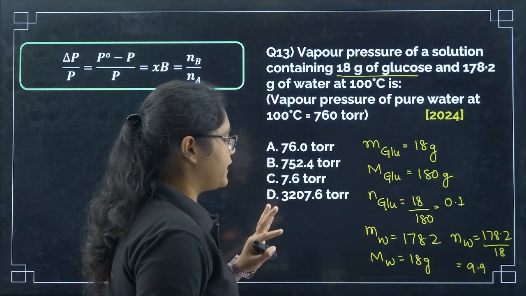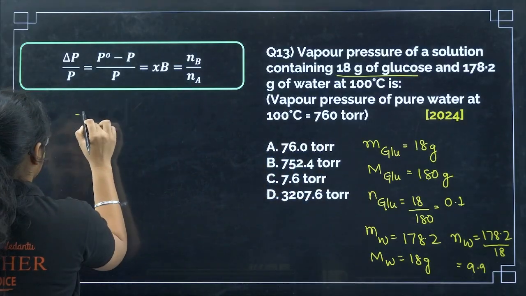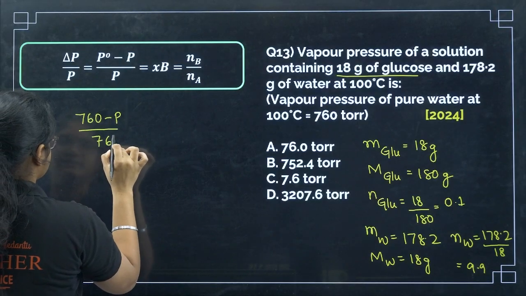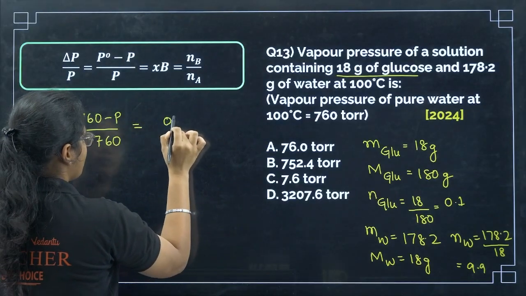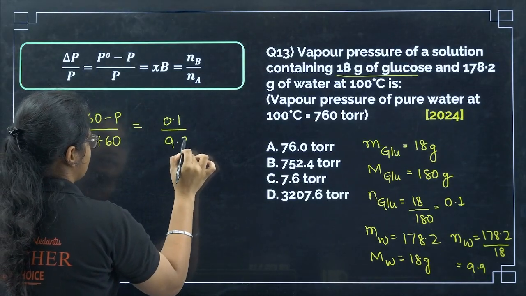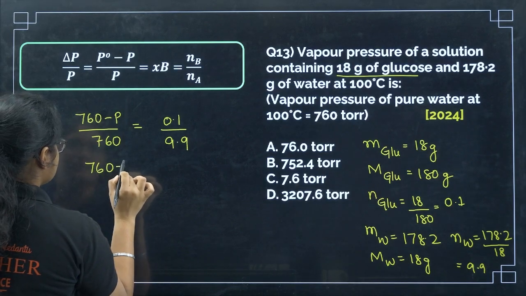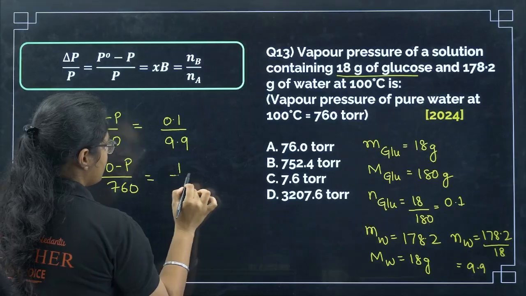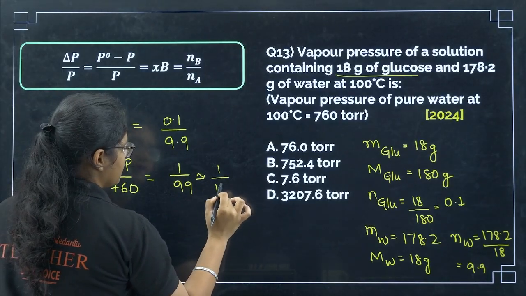Now, this is the formula. I have 760 minus P by 760 is equal to number of moles of glucose, which is 0.1, divided by 9.9. Now I can solve: 760 minus P by 760 is equal to 1 by 99, or I can roughly write it as 1 by 100.